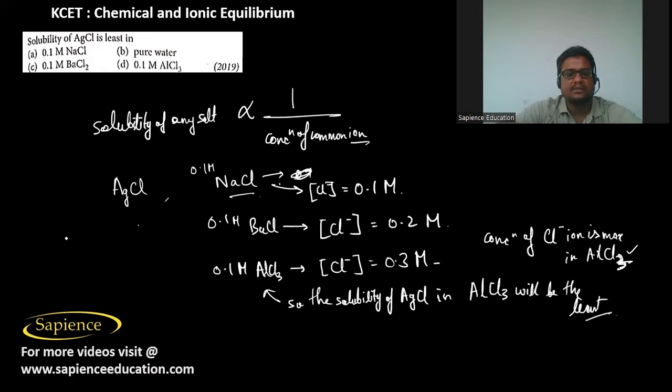So option D is the correct answer. And in pure water there are no chloride ions. So the solubility of AgCl will be highest in pure water. In pure water there is no common ion effect, so the solubility of AgCl will be maximum in pure water.